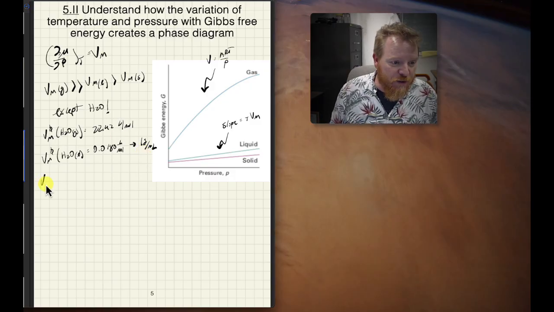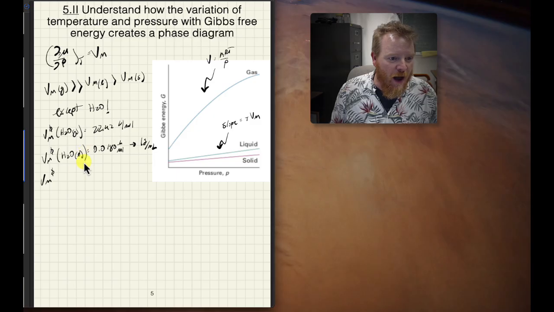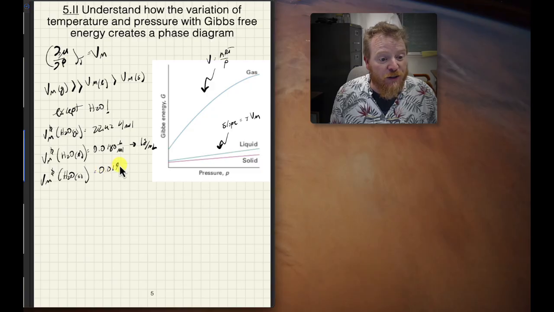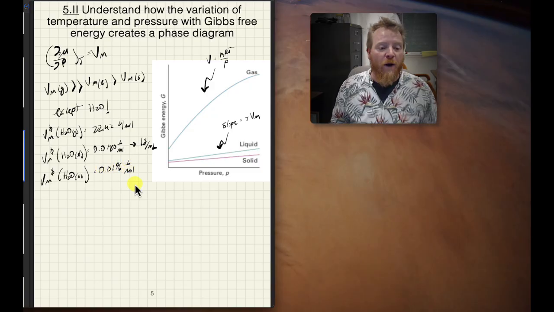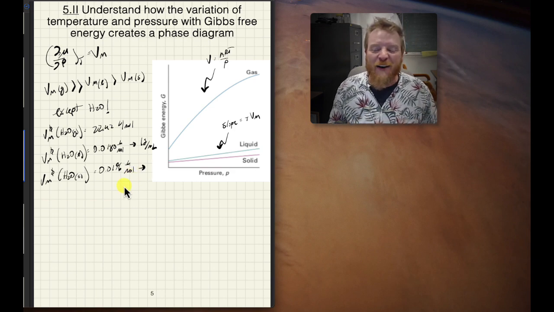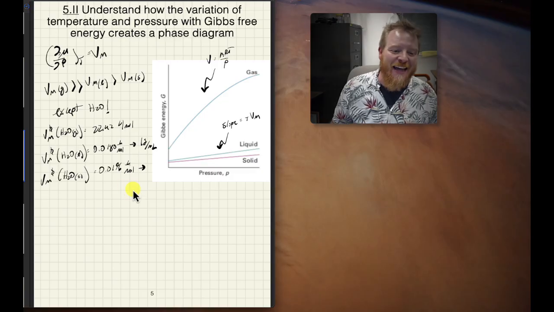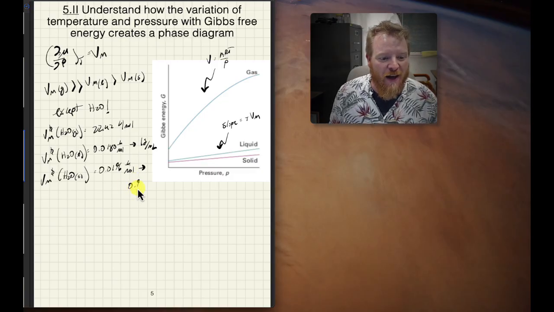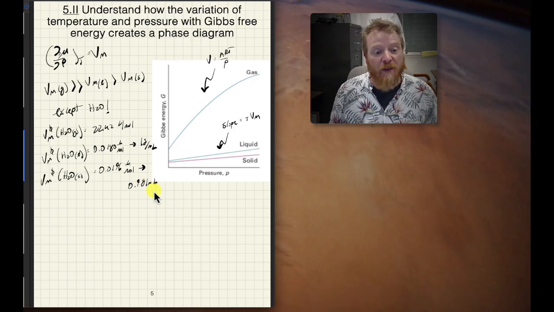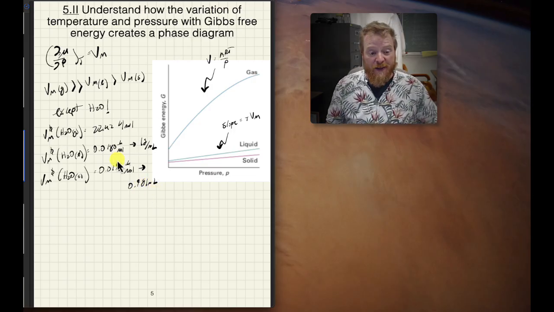But then this is the interesting case for water, right? The molar volume of water as a solid is larger than its molar volume as a liquid. Or in other words, what's really going on here is that the density of the solid is less than that of the liquid. So the density of ice is about 0.9 grams per milliliter, which remember is the opposite of basically everything.